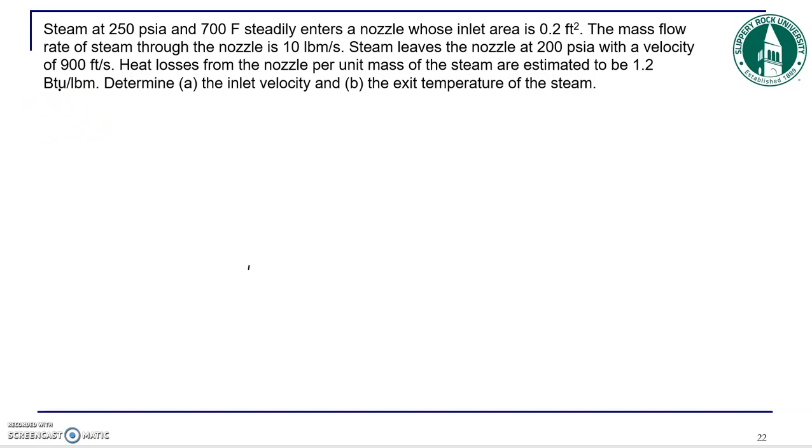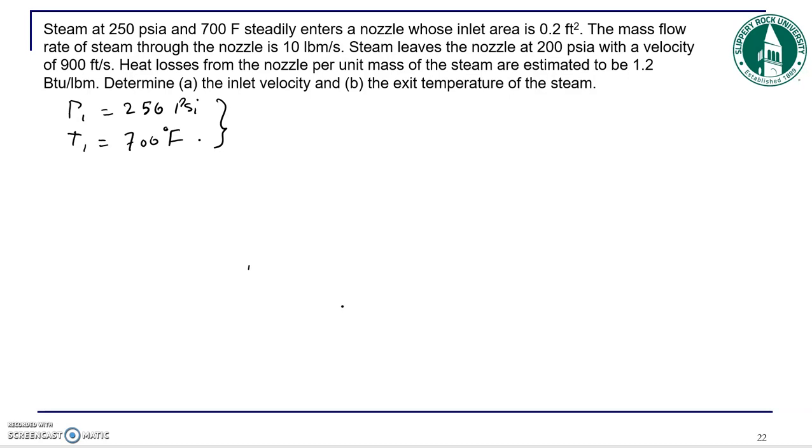And all right, so now what is the initial pressure, inlet pressure? P1 is 250 psi, right? And T1 is equal to 700 degrees Fahrenheit. So what do we do? We have all the information about the inlet.